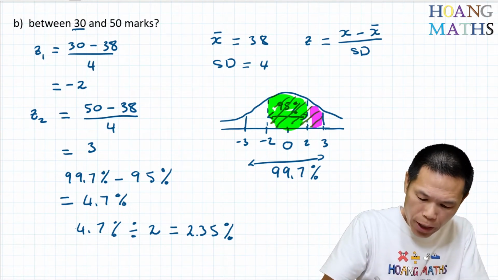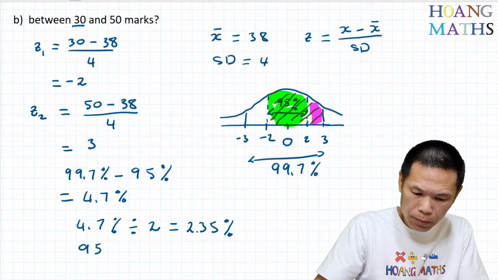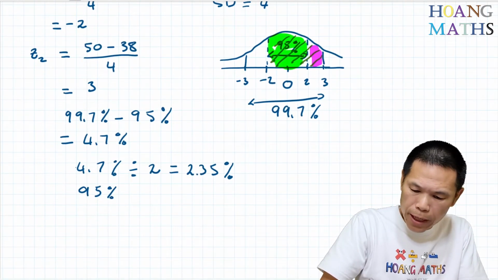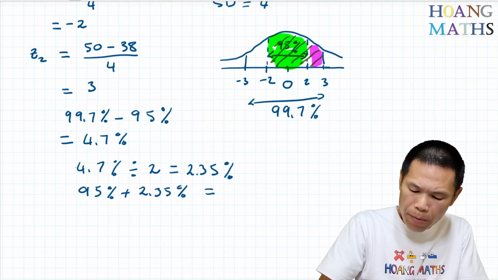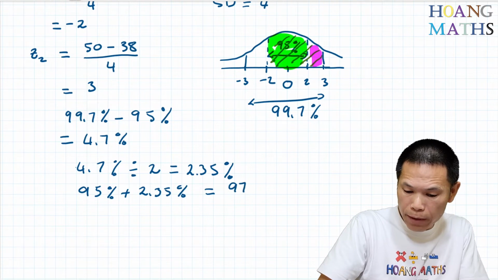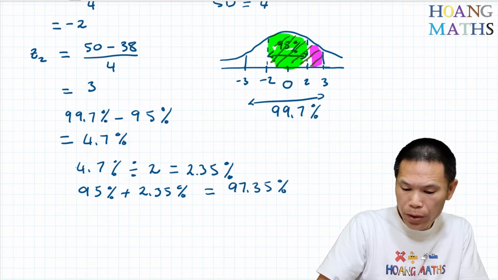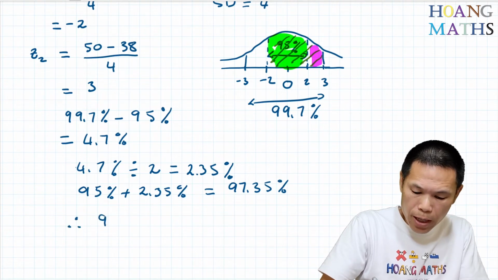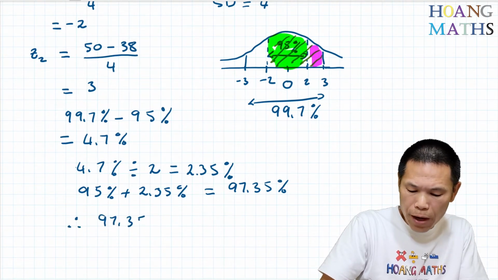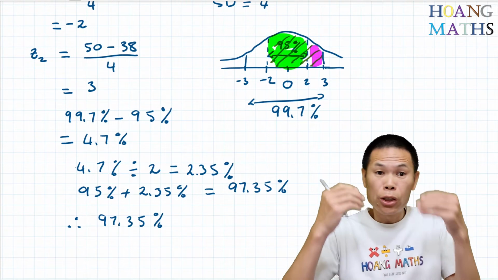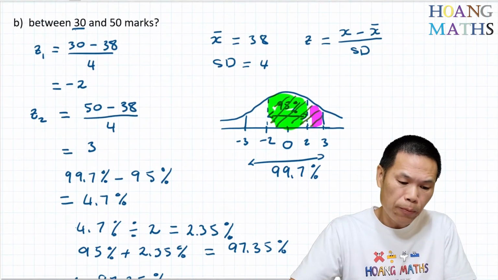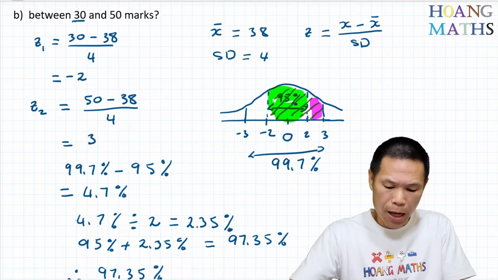So we just go 95% and we add 2.35%. So that will give me 97.35%. So therefore, 97.35% of the students lies between 30 and 50 marks, okay?